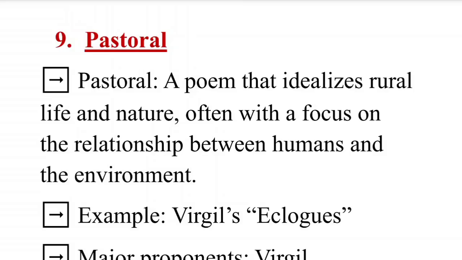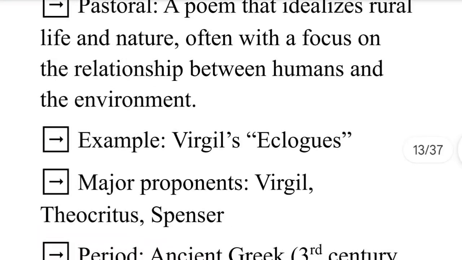The example is Virgil's Eclogues, which is the famous example. Eclogues written by Virgil are the best example for pastoral poems. And the major proponents are Virgil, Theocritus, and Spenser.